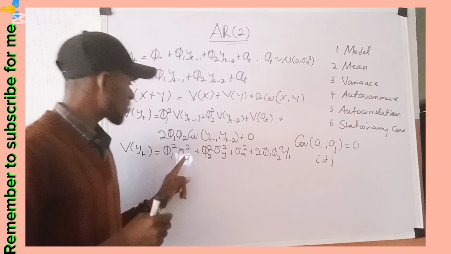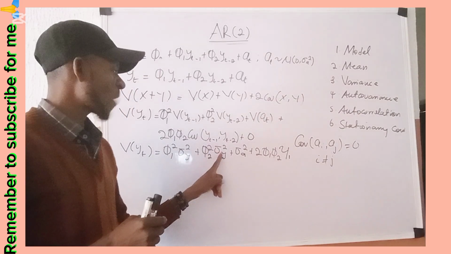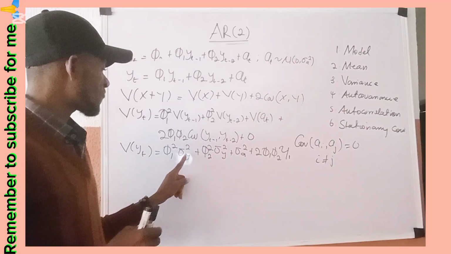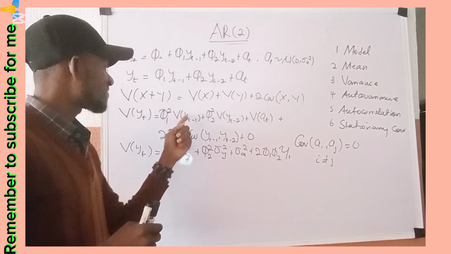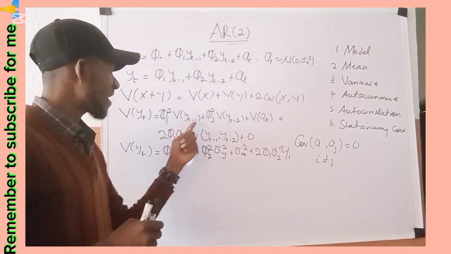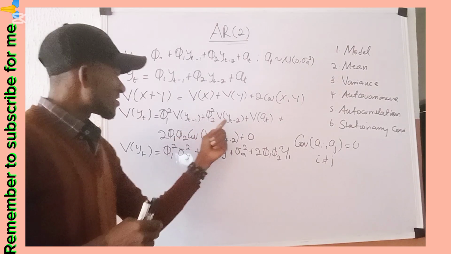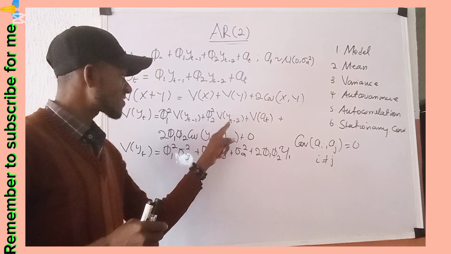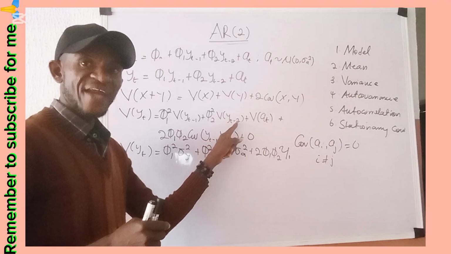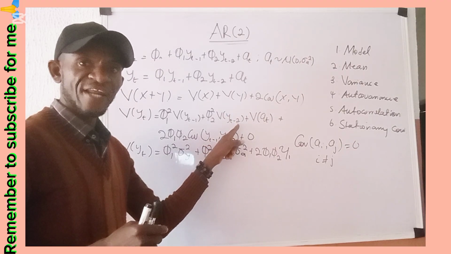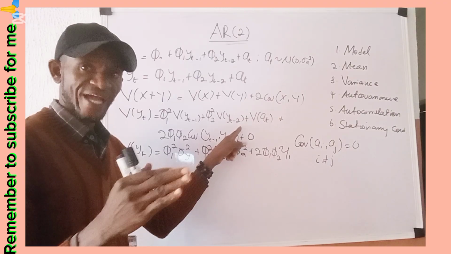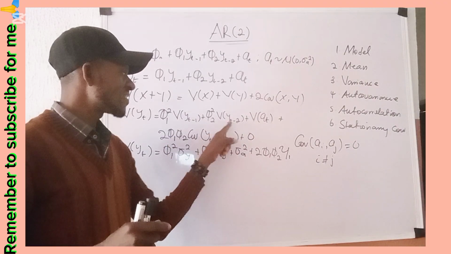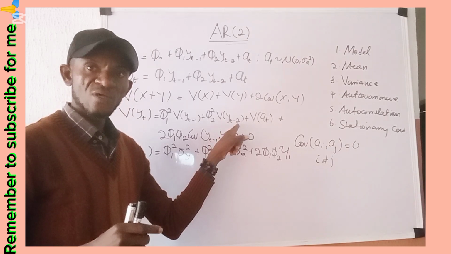Why did I have sigma squared of y here, sigma squared of y here, and sigma squared of a here? This sigma squared of y here stands for the variance of the series at time t minus 1. It equally stands, this sigma squared of y here stands for the variance of the series at t minus 2, bearing in mind that the variance of a stationary model is constant over time. So its value at t minus 1 is the same as its value at t minus 2.